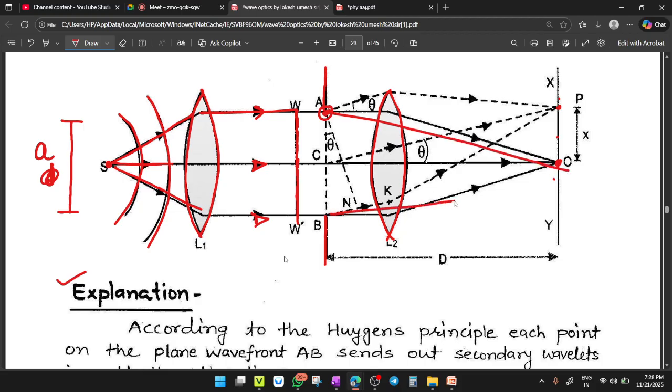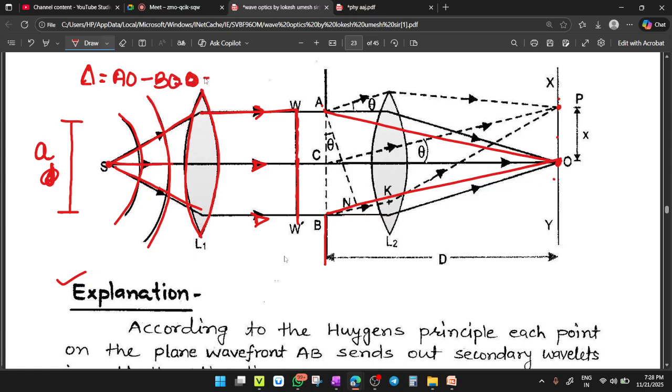Yes or no? From these 2 points, the waves have to travel the same distance. So what is the path difference? From these 2 points, A to O and B to O, path difference delta equals AO minus BO equals 0. Clear or not?